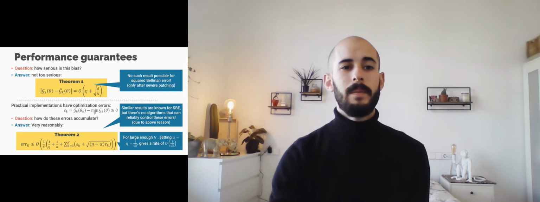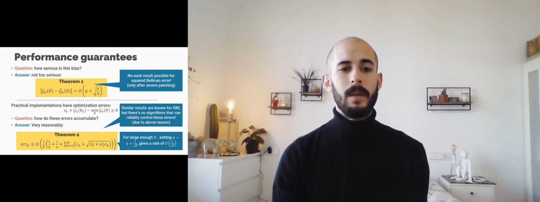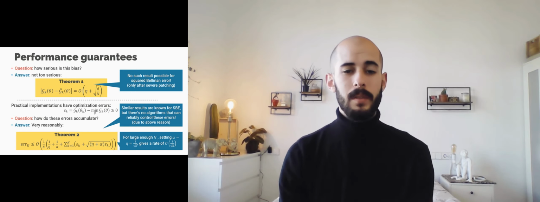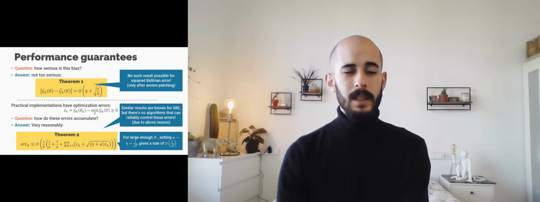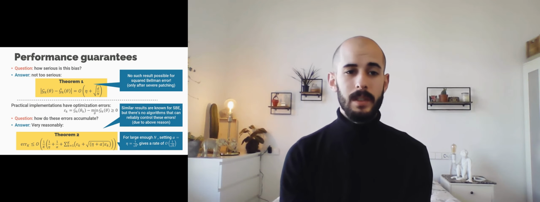Okay, so the performance guarantees that we show in our work. We have two parts here, because we have two theorems, and each theorem addresses a different question. The first theorem addresses the question, how serious is the bias? This bias that we have just seen.